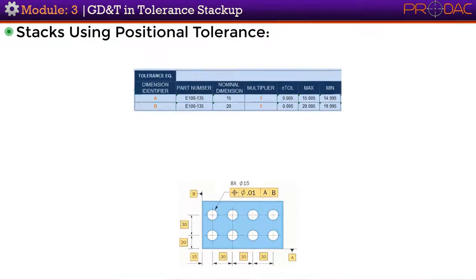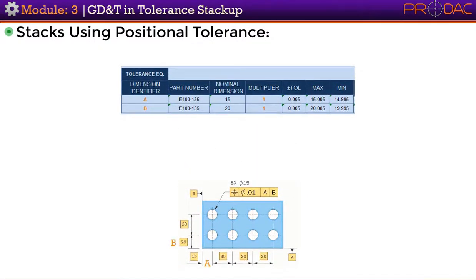Since basic dimensions do not carry any tolerances, we have no stacking of tolerances here. And therefore, only position tolerance of hole is used to find max and min position in x and y direction. While putting the value of position tolerance in the spreadsheet, it has to be divided into half because tolerance of 0.01 represents a circle of diameter 0.01 unit.